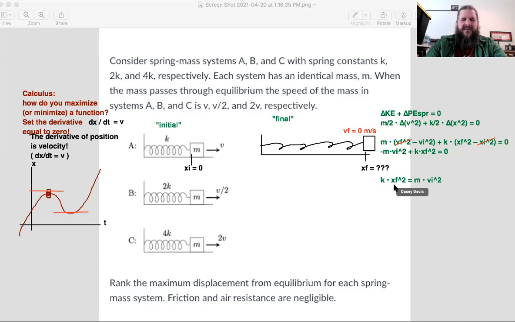How would you isolate x final here? Yeah, divide both sides by k. And then what? Yeah, take the square root.